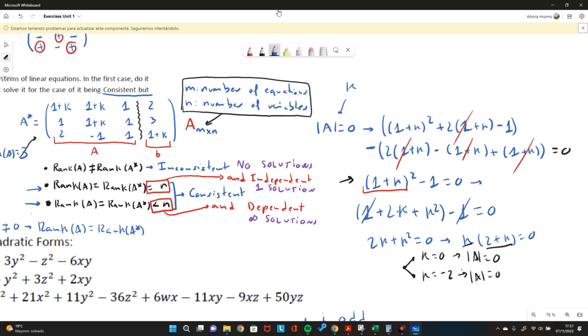So we know that for every other number, the determinant of A is not 0. So for every other case, the rank of A equals the rank of augmented A equals n.